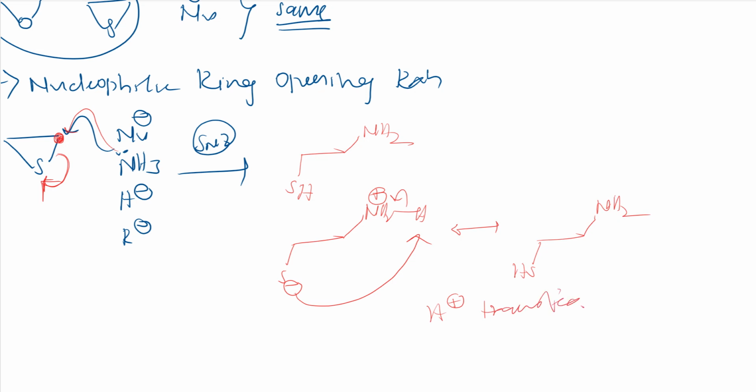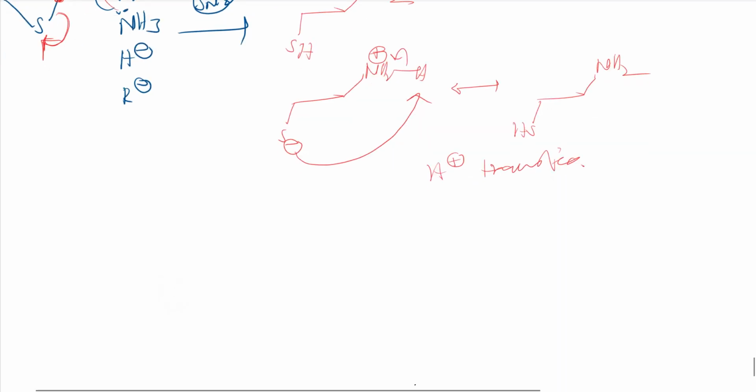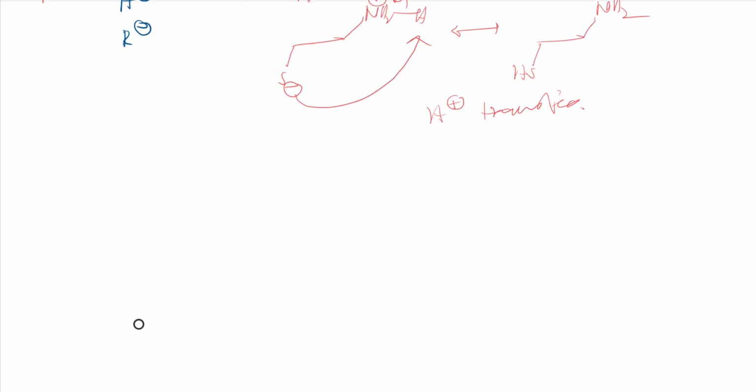Let us see a few examples, then you will get to know the stereochemistry and everything. Let me take this thiirane. Here R is above and this hydrogen is below, so this is a cis kind of compound.